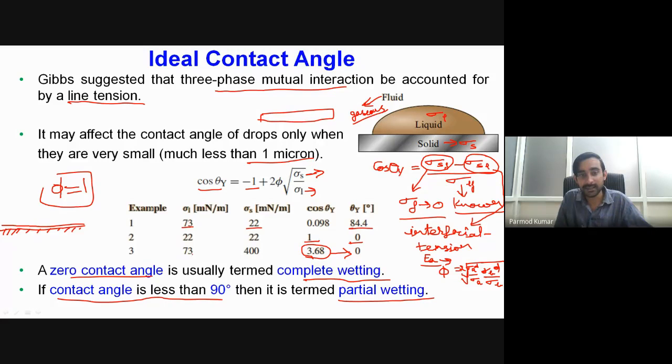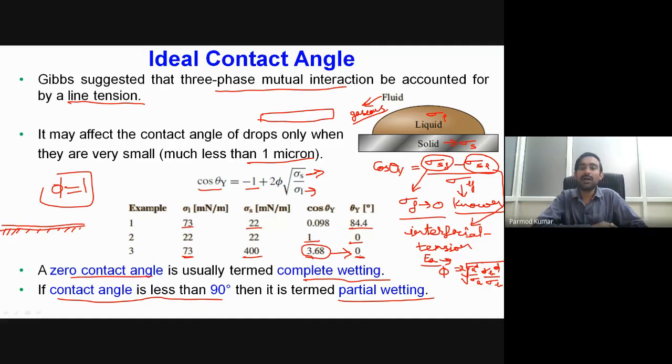Then if you see over here in this third case, we are getting the value of cos theta y which is actually mathematically not possible, but still we are assigning the value of contact angle as 0. This situation physically refers to a situation where we are not getting any minima in the free surface energy of the system within the mathematically possible range of cos theta.